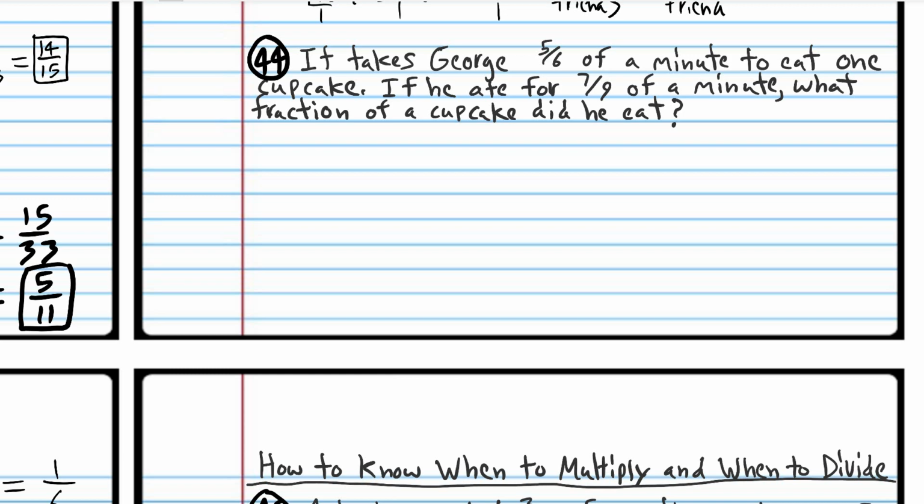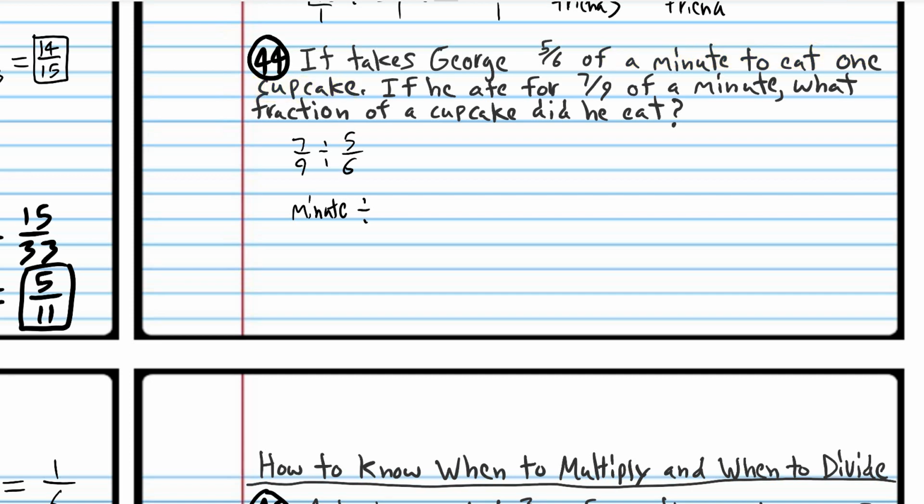So let's do 7/9 divided by 5/6. So 7/9 is 7/9 of a minute. So that would be minutes divided by, and then 5/6 is 5/6 of a minute for 1 cupcake.